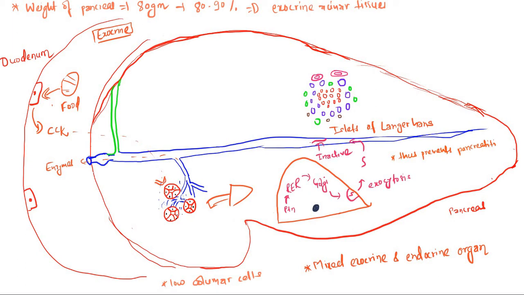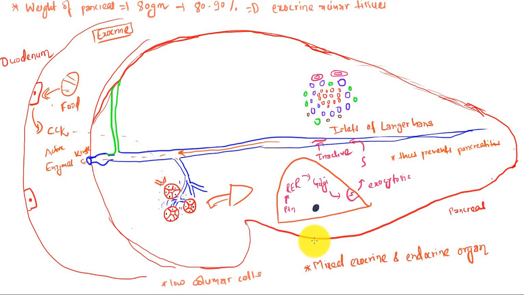As the enzyme is inactive, it will not cause any kind of pancreatitis, and when it is discharged into the duodenum, it will turn into active enzymes by the action of kinase.